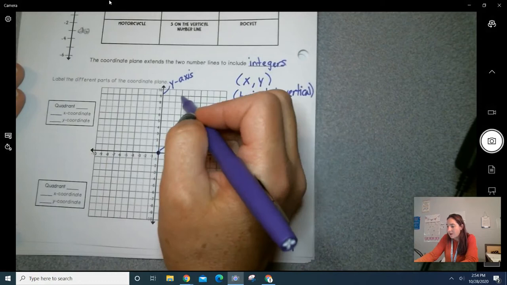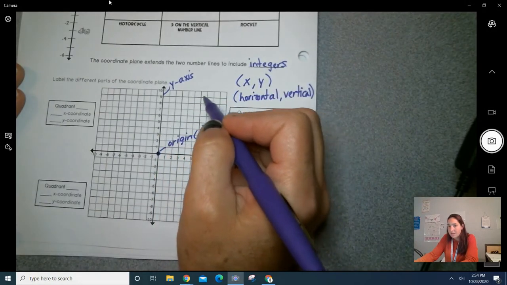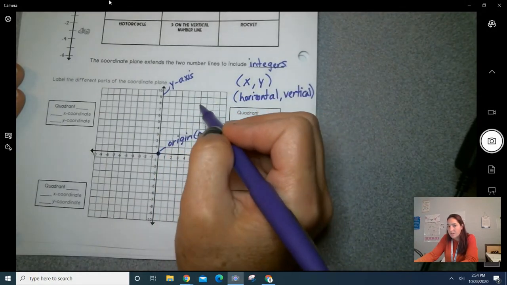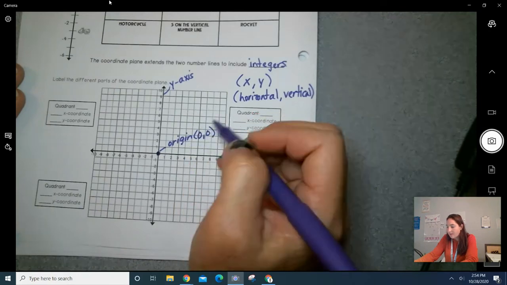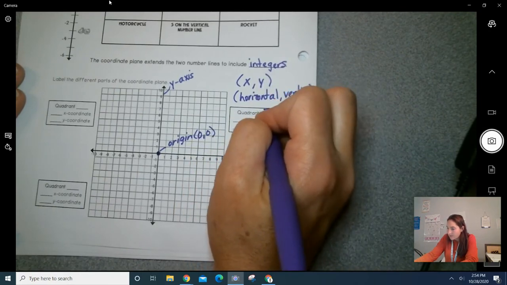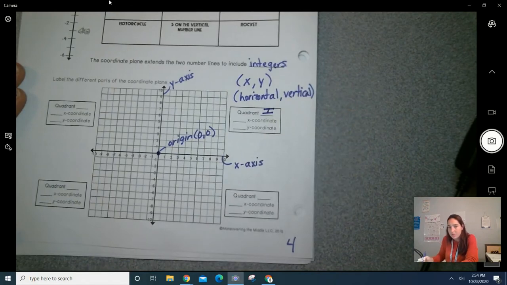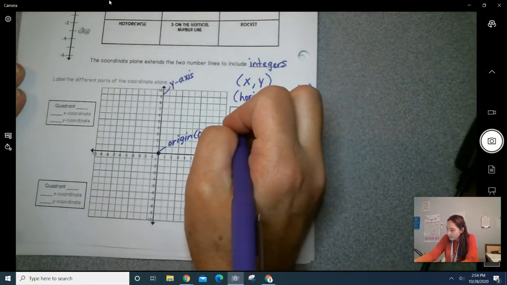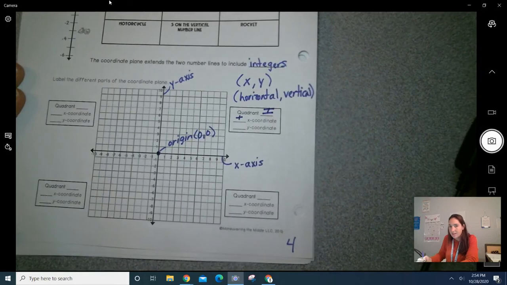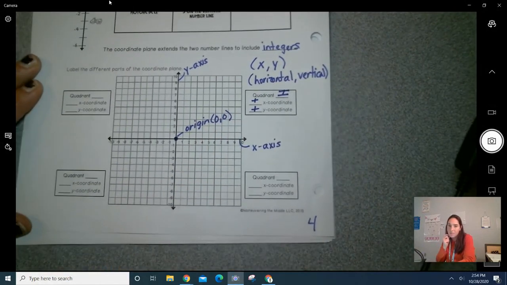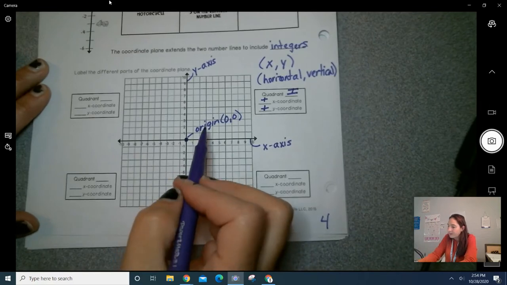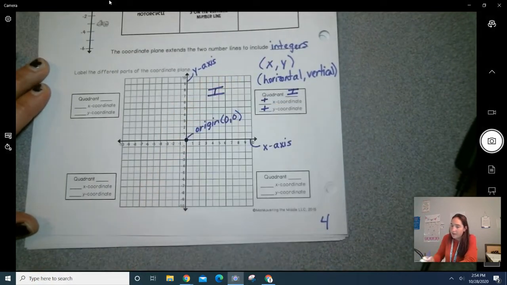So any number that's up here in this first quadrant is going to be a positive x and a positive y. So this is quadrant 1.